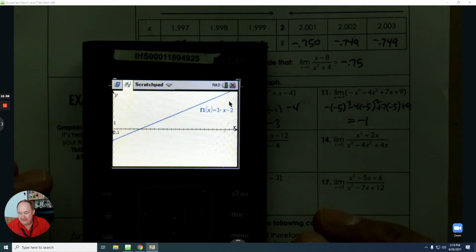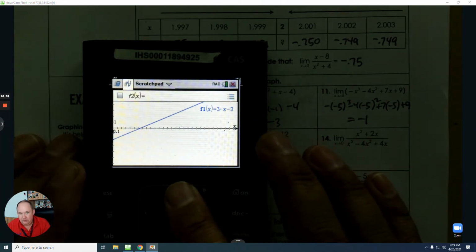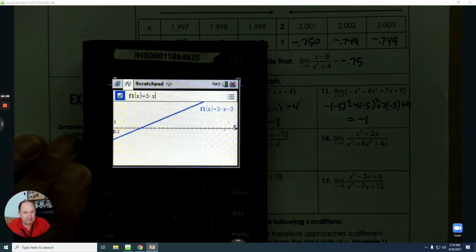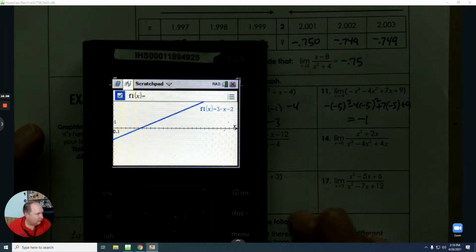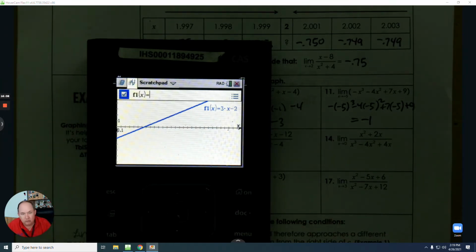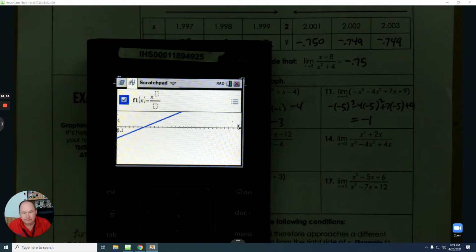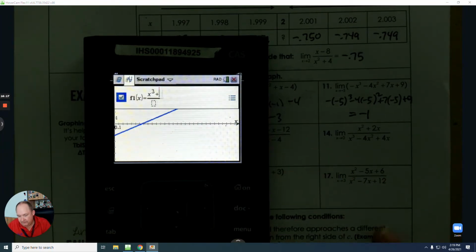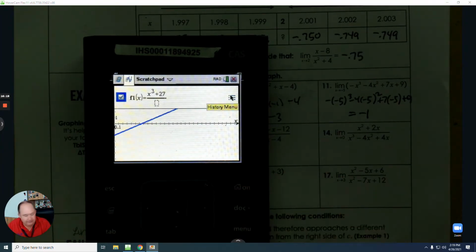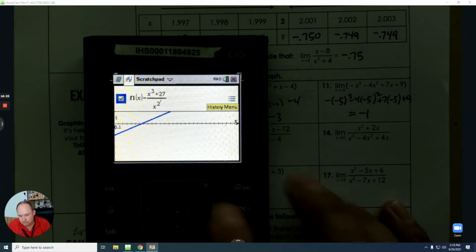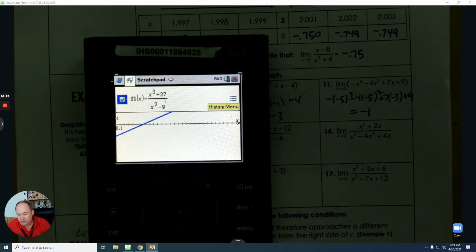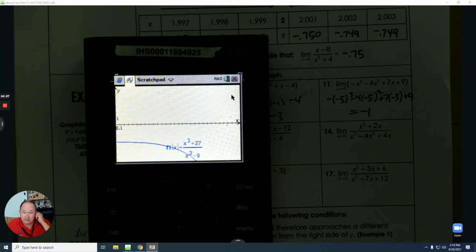So I'm going to press Tab, and then I'm going to remove what we had before. And I'm going to put in what our function is, which is Control and divide. It's a fraction. And we have x cubed plus 27. And in the denominator, we have x squared subtract 9. All right, so there's our function. And I want to know what the limit is as x approaches -3.